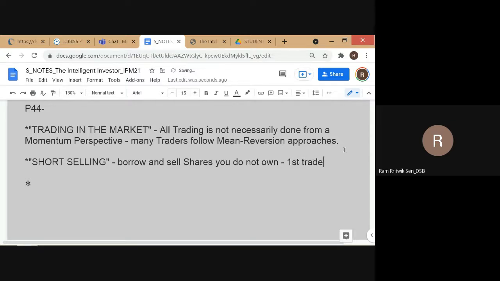First trade is a sale. You go net short. This is called net short. That means you don't have any long position that you're selling, but you're actually borrowing shares because you have to deliver the shares. So how would you deliver? You borrow the shares and then you sell the shares that you do not own. So the first trade itself is a sale. You go net short. This is called short selling.